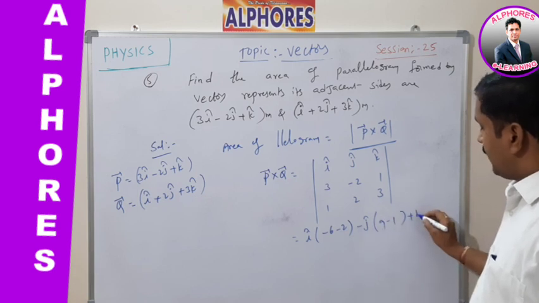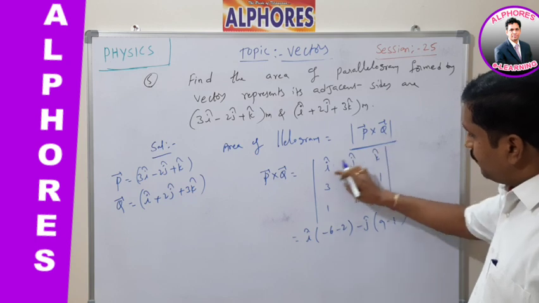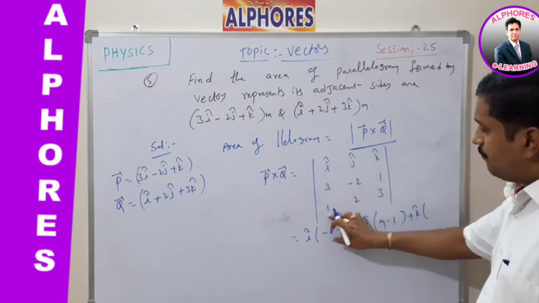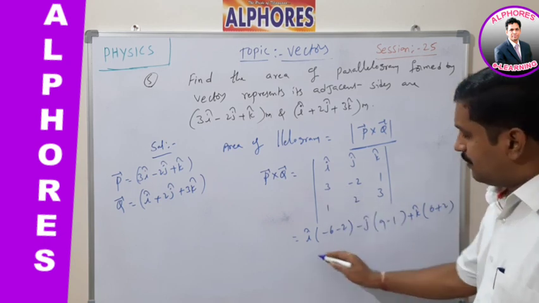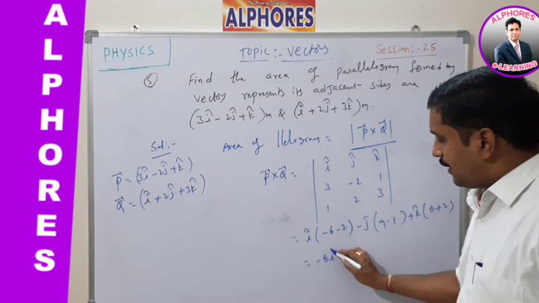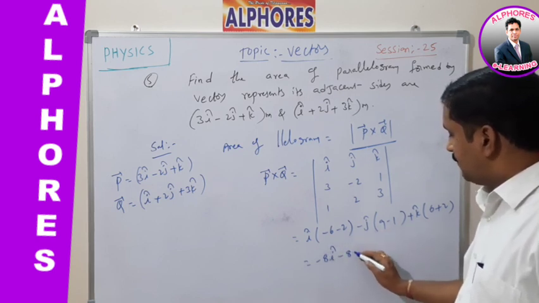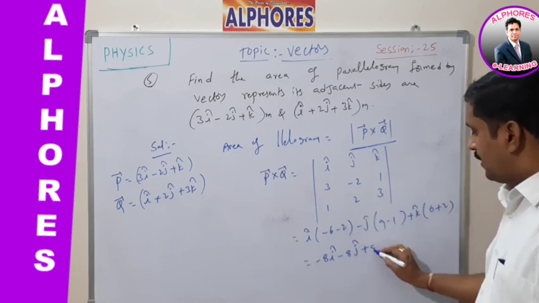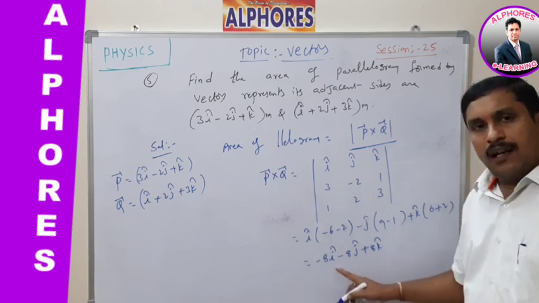Next, plus k cap into, neglecting the third column, 3 into 2 minus minus 2 into 1, that is 6 plus 2, 8. That means minus 8 i cap, minus 8 j cap, plus 8 k cap. So this is the cross product of these two vectors.